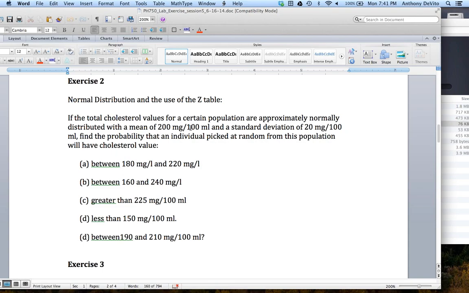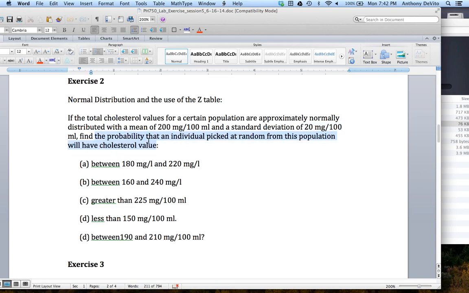Okay, so normally distributed with a mean of 200. I don't know what this is, blood sugars maybe, per 100 milliliters. 200 milligrams per 100 milliliters, and a standard deviation of 20. Cholesterol, 20 milligrams per 100, exactly the same thing I was just discussing.